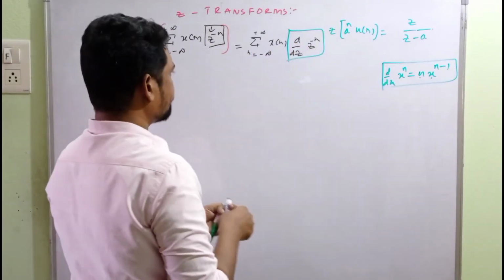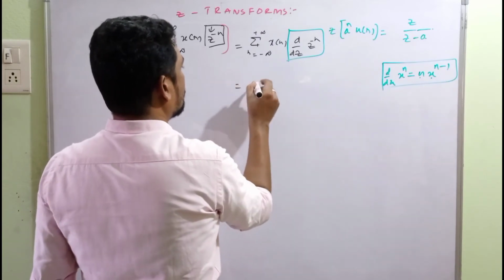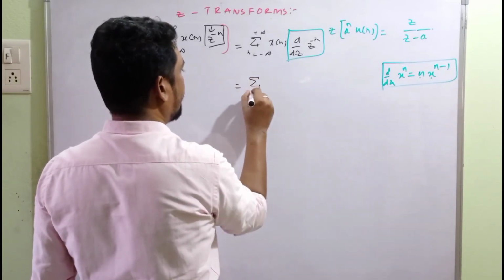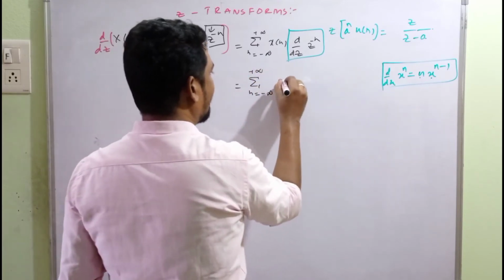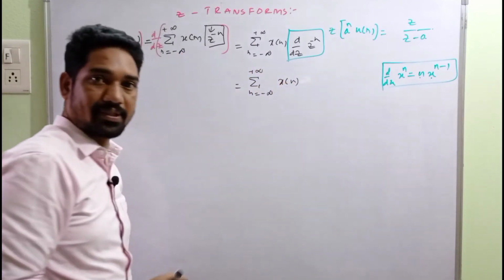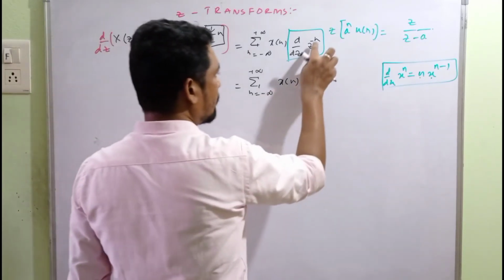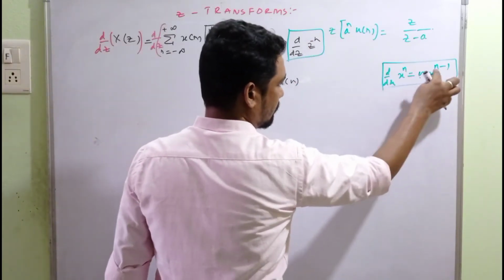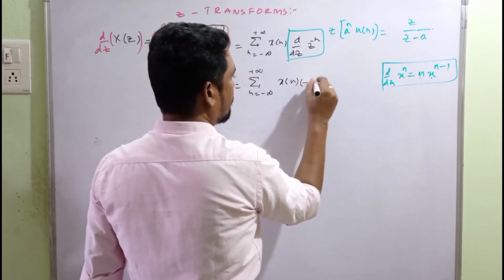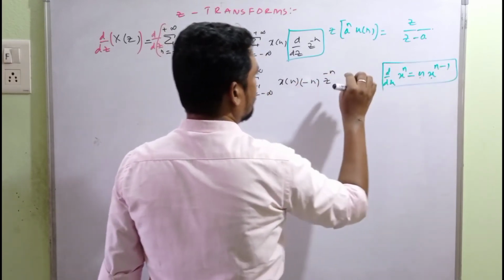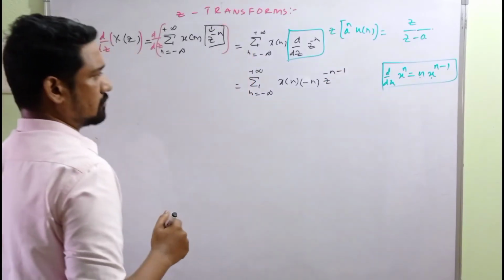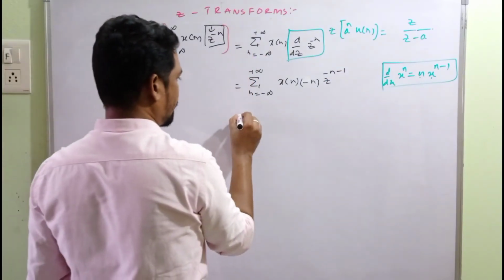So summation n equal to minus infinity to plus infinity as it is, x of n also as it is, nothing is done to x of n. Here minus n comes down, and z raised to minus n minus 1.